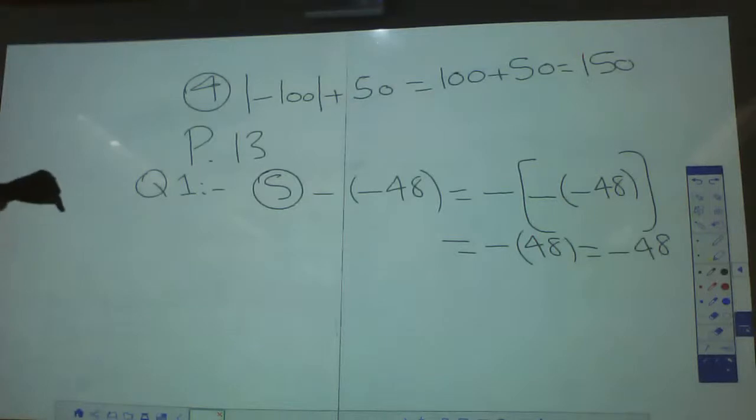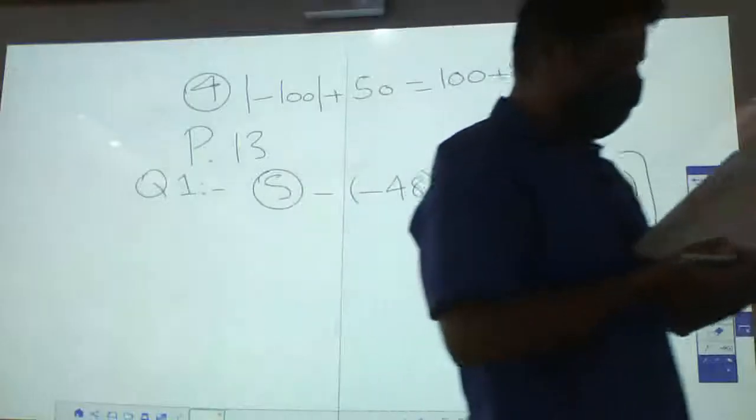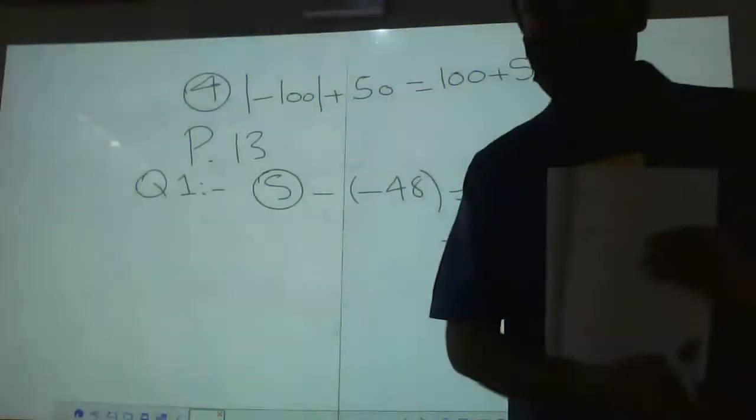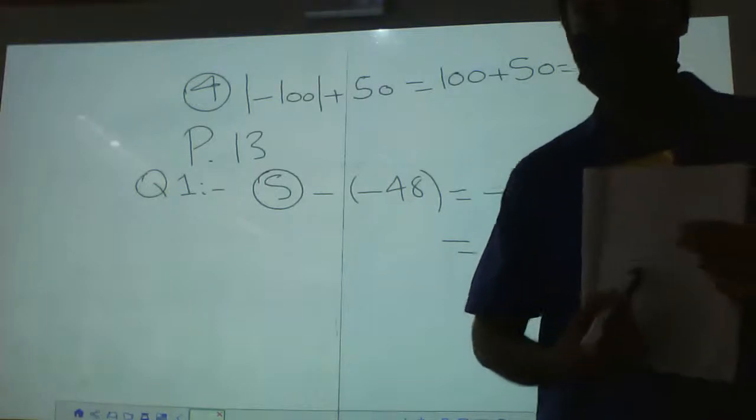Now, same as this, can you please do numbers 1, 2, 3, 4 and 6? Do it yourself, please. Yes, those who are watching, you also please do this one. Question number 1, you have to solve this exercise.